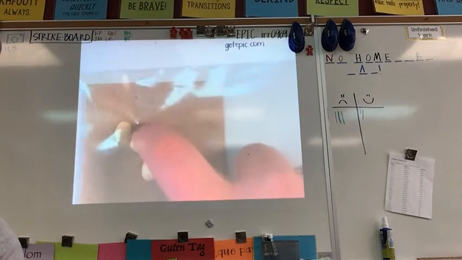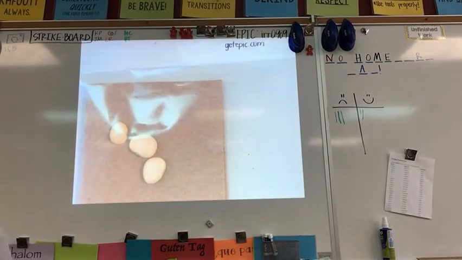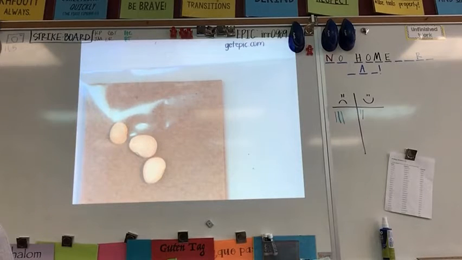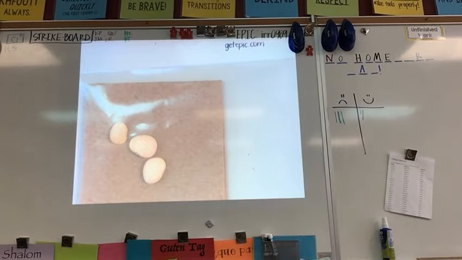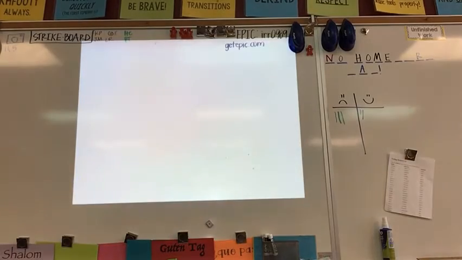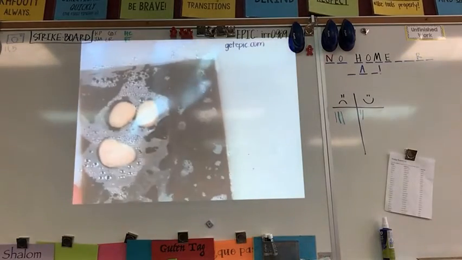This is what they looked like when I put both of them in yesterday. Now I wanted to make sure that they had time to start this project while you guys were gone yesterday. So my second bag, I soaked my paper towel in water and I put 3 beans in this bag.